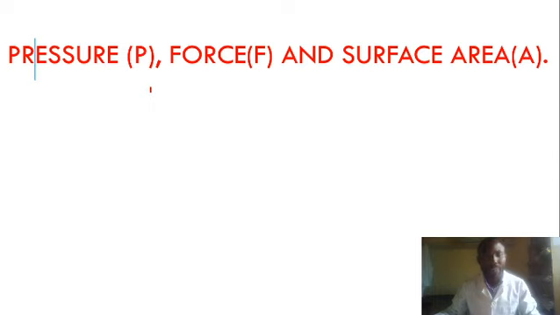Pressure, I'm using the symbol P, is defined as the average force acting normally per unit surface area. So our F here is the average force acting normally per unit surface area.